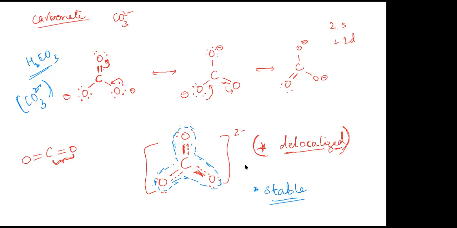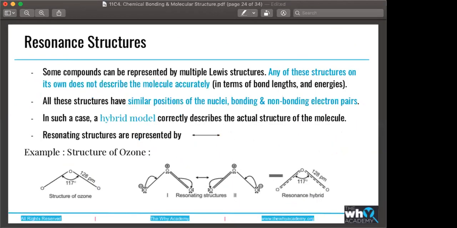Okay, so I'll just read out the points about resonance. Some compounds can be represented by multiple Lewis structures. Any of these structures on its own does not describe the molecule accurately. All of these structures have similar positions of the nuclei, bonding and non-bonding electron pairs.